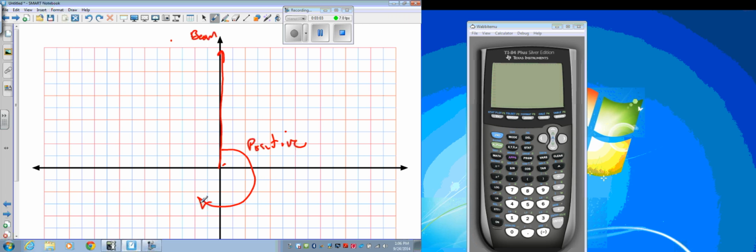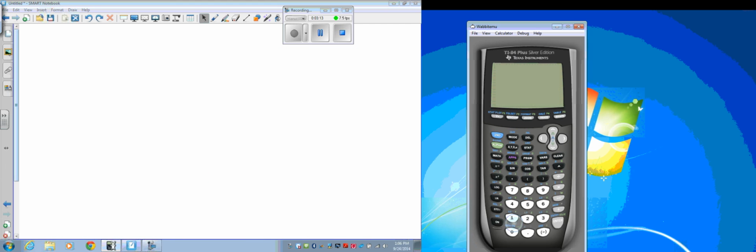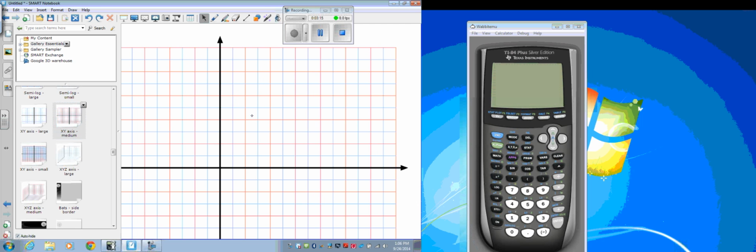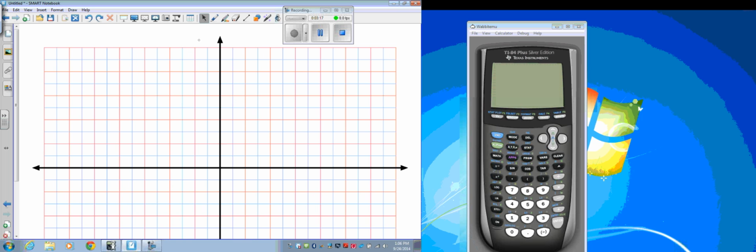And bearing is used in navigation. Another way of navigation, to add more confusion to it, is that navigation can be written in terms of north and south.